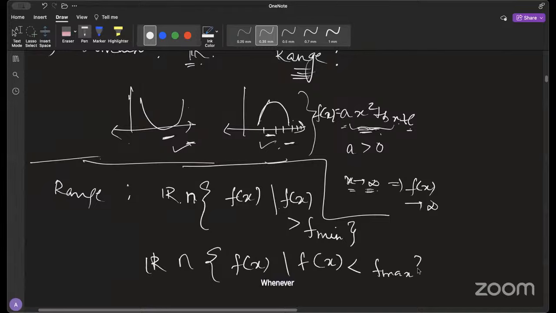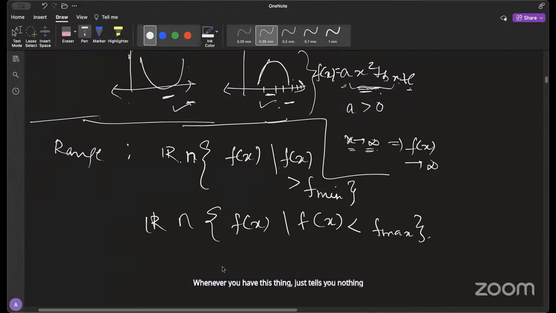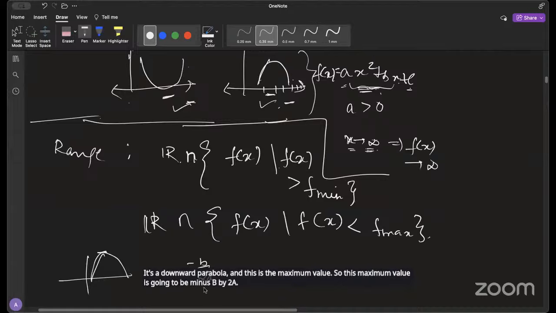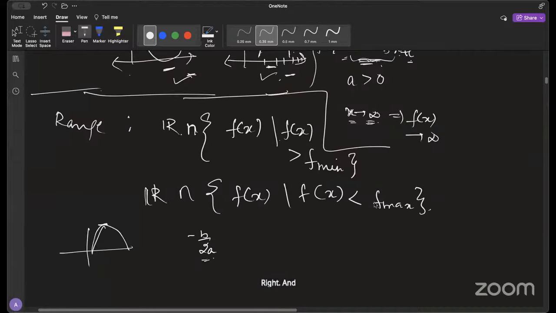Whenever you have this, it just tells you that if this is your parabola, a downward parabola, and this is the maximum value, then this maximum value is going to be f(-b/2a), right?